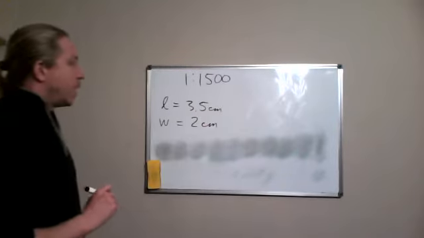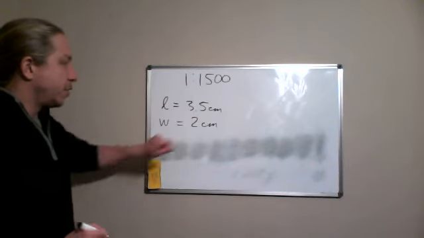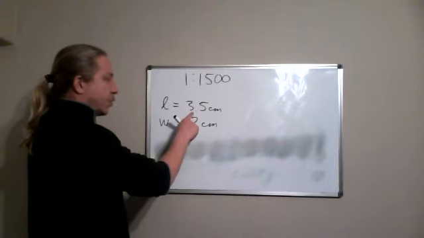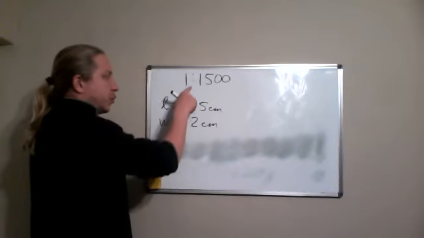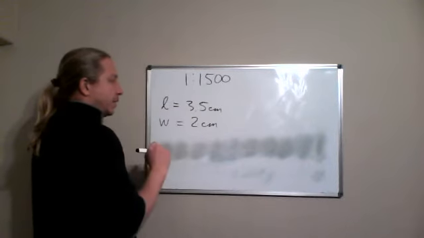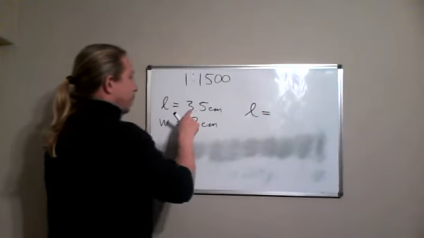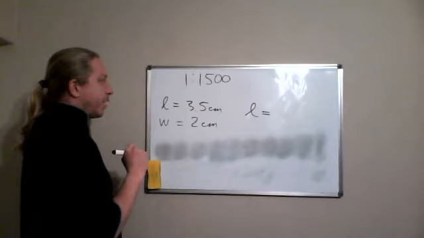Now we have to apply the scale to these measurements. So 1 is to 1500. Here we got 3.5, so we just multiply it by 1500. So the real length equals 3.5 multiplied by 1500.